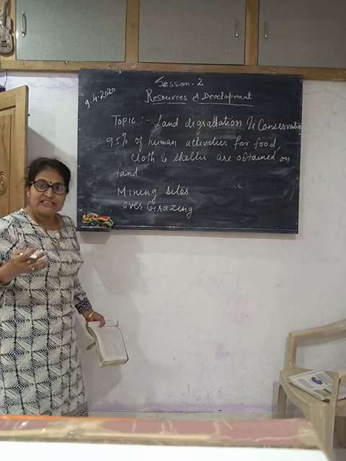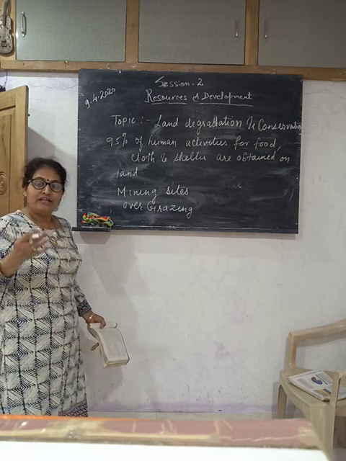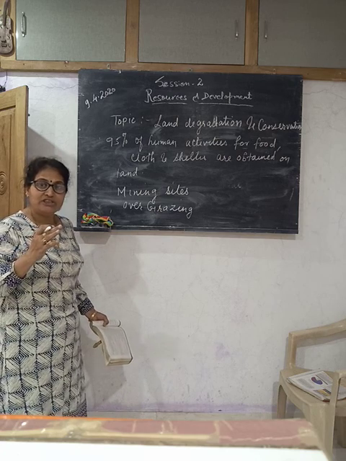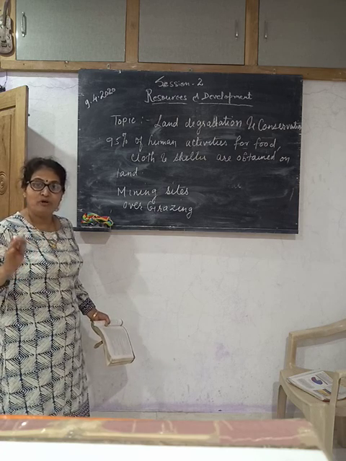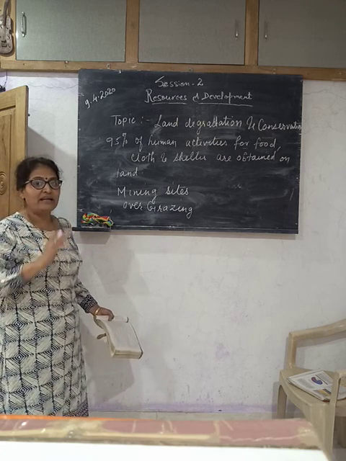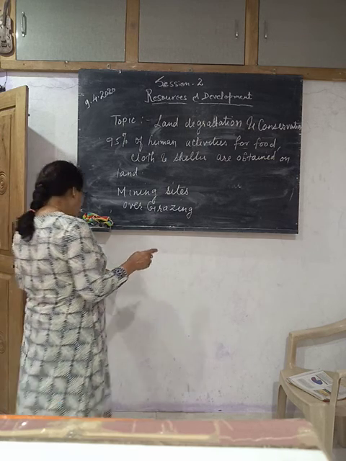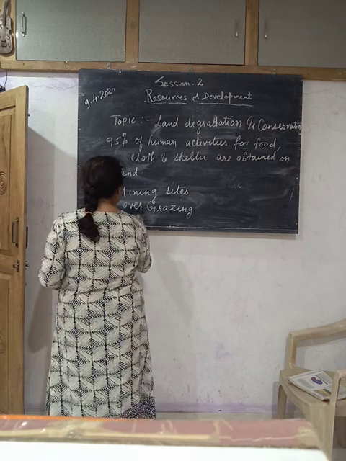Animals are grazed again and again without the development of pasture land, and they are grazed repeatedly on the same land.